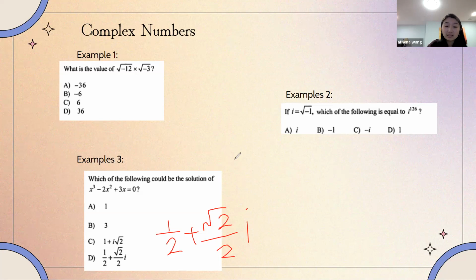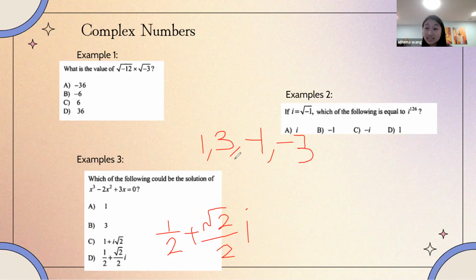So that means that we only test 4 different values, right? We have 1, we have 3, we have -1, we have -3.